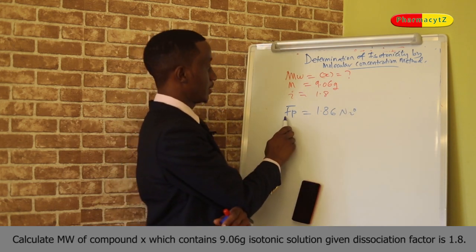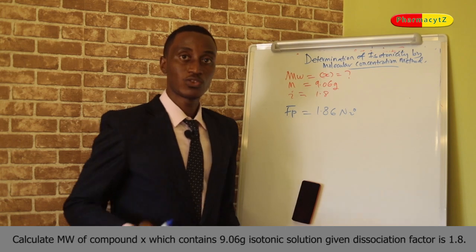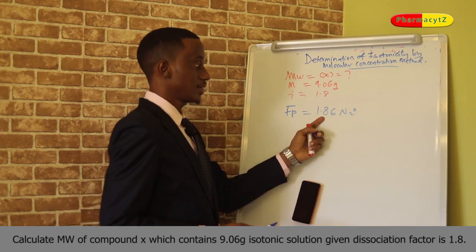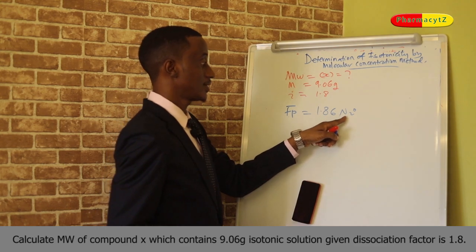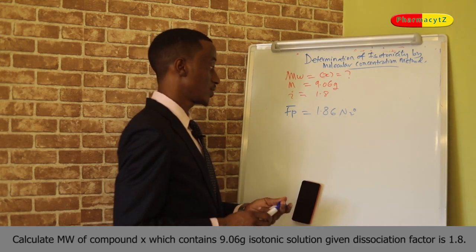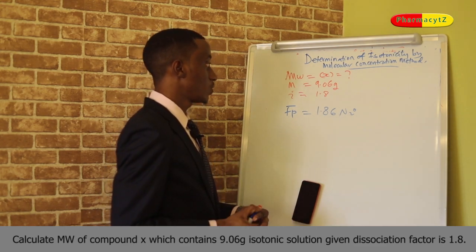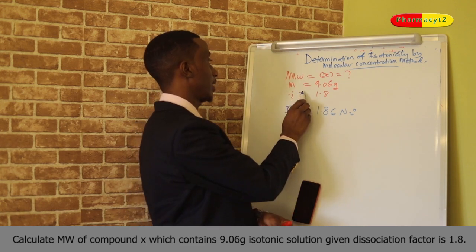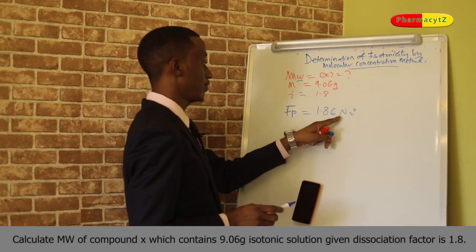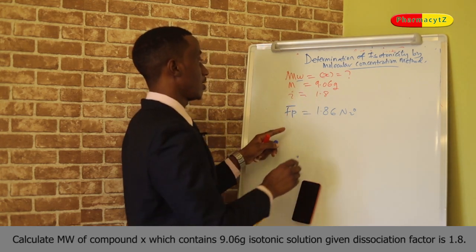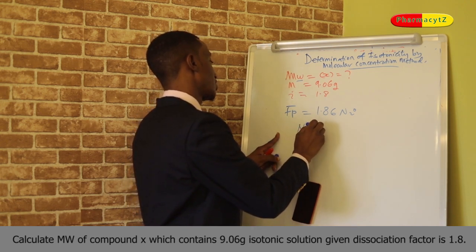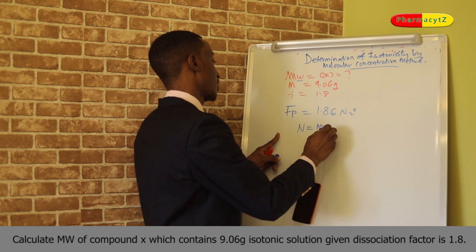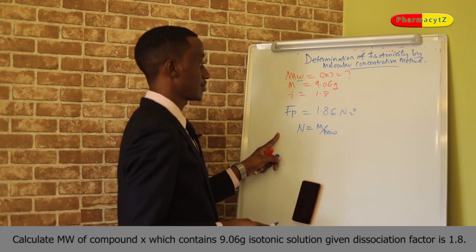So this is the freezing point constant of body fluids, i is the dissociation factor, and N is the number of moles. So what do we need here? We need the molecular weight. Mind you, molecular weight can be found from this formula: number of moles is equivalent to mass over molecular mass.